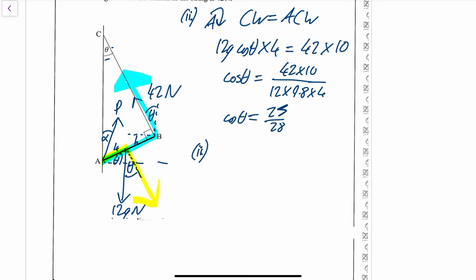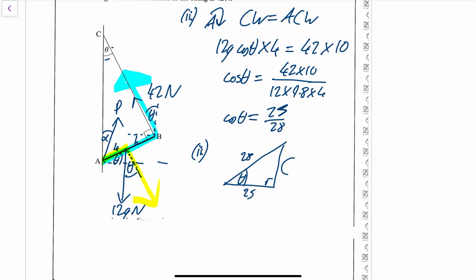Okay, right. Before we do anything else, they've told me that cos theta is equal to 25 over 28. If you do it this way, they don't really want you to find the value of theta. So cos is equal to adjacent over hypotenuse, so 25 over 28.